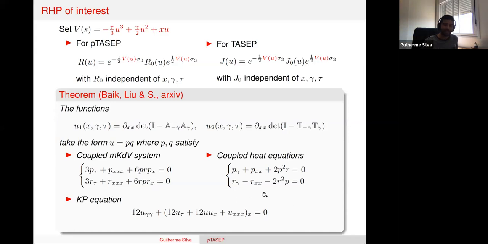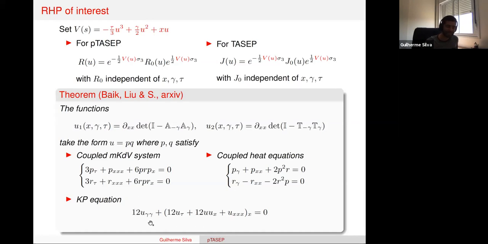Right? Going back to things that I mentioned to you earlier, remember that the FGUE satisfies the Tracy-Widom distribution. And you remember that then we dressed up all the variables back to the GUE so that we study the one point distribution for the TASEP. And basically what this is saying, if you enforce now U to be essentially a change of variables of a function of one variable, you recover the Painlevé II equation.